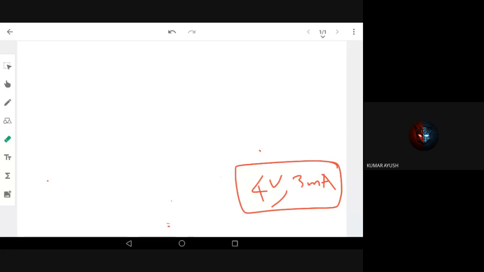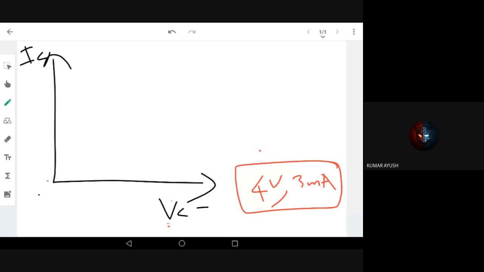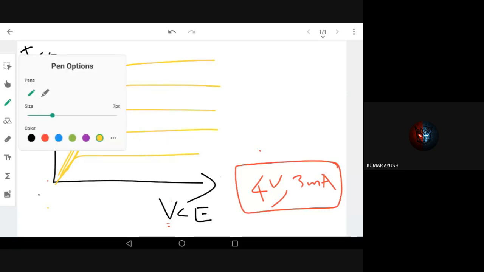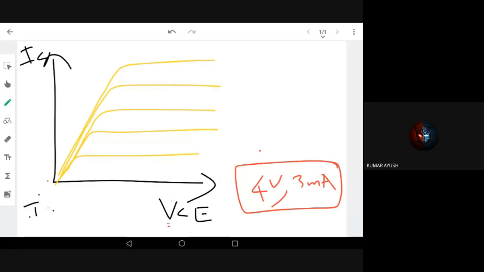Now, what is the importance of this? Let's see. This is the IC, this is the VCE. Again, we come to the output characteristics. We can see there will be different curves for different IB. From this, we know a particular curve where our IB was around 9.3 microampere.